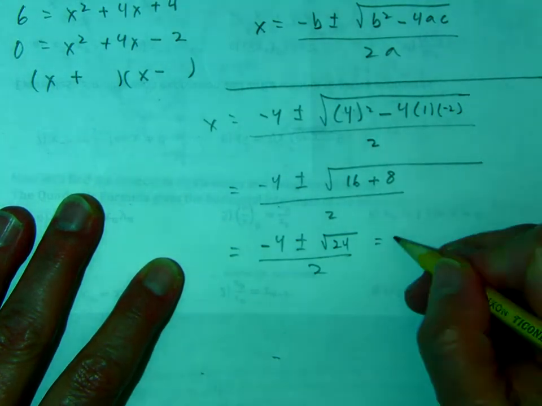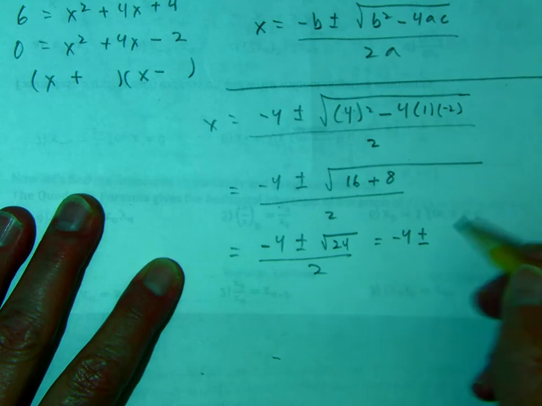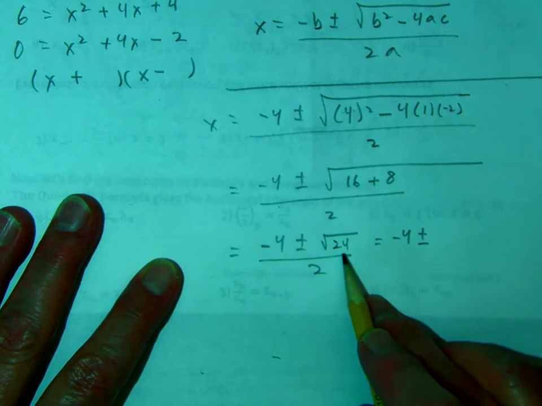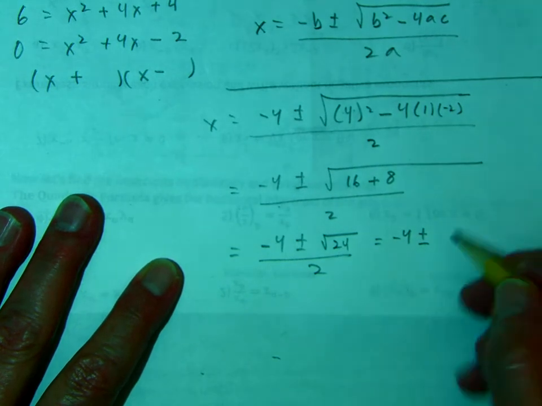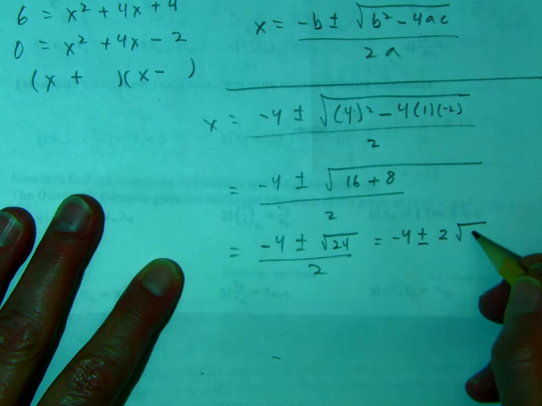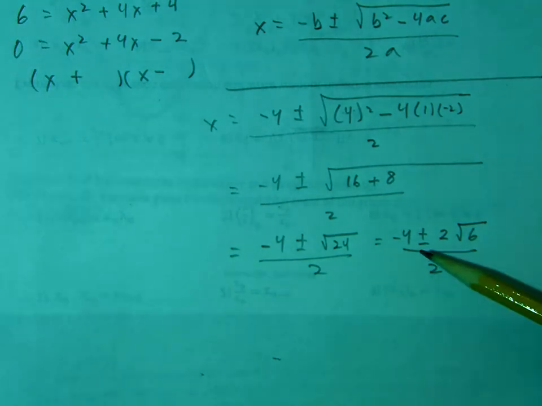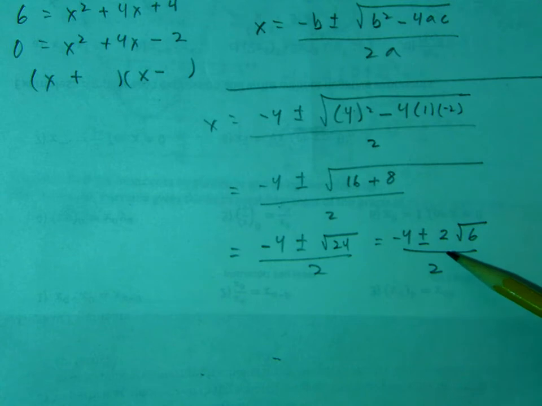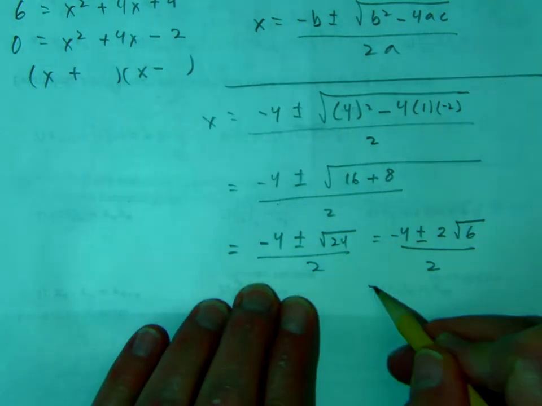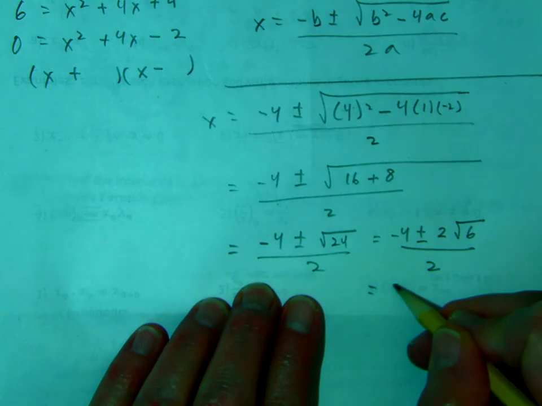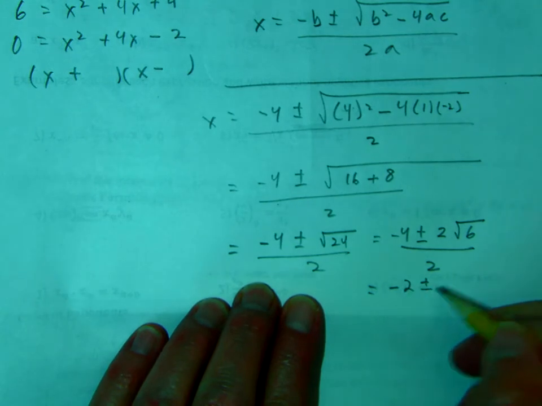So that would be negative 4 plus or minus. Notice that the square root of 24 I can pull out as a 2 here. So negative 4 plus or minus 2 times the square root of 6 over 2. And I can simplify that one more step. Negative 2 plus or minus the square root of 6.